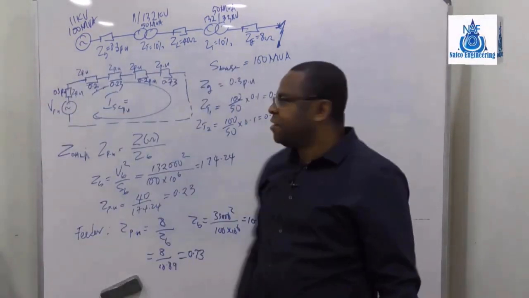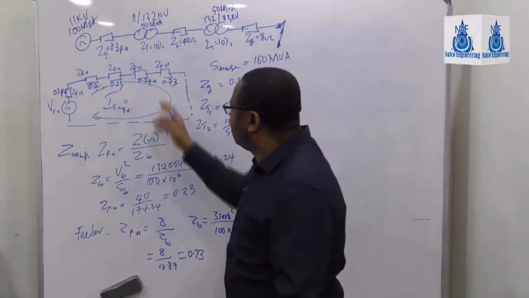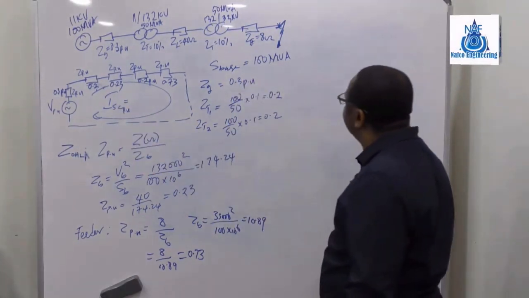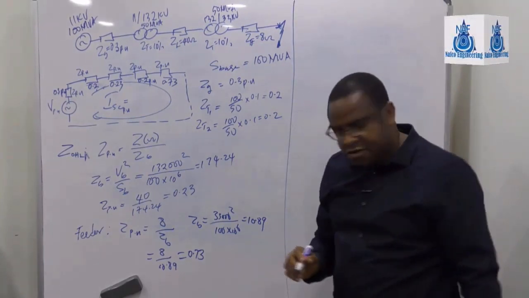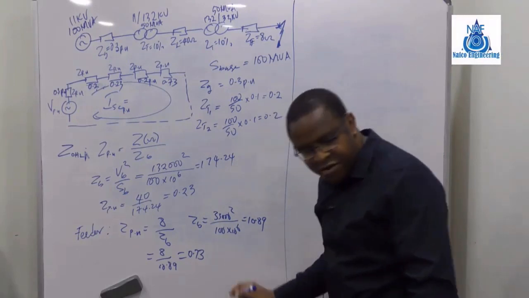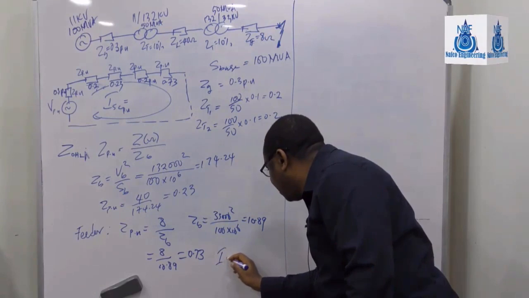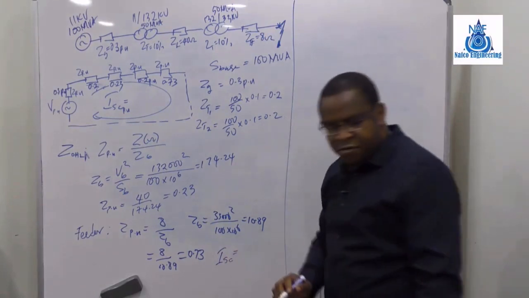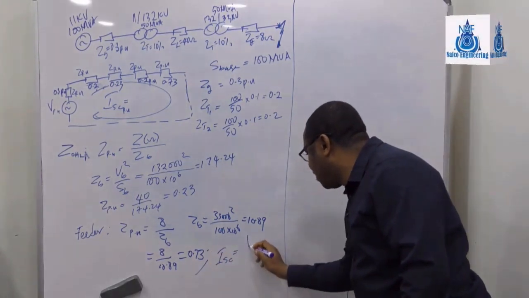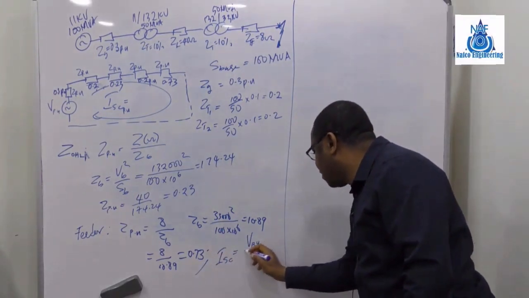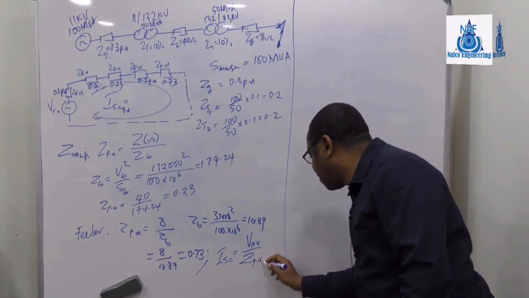Right? That's all. So with that, we can easily calculate I short circuit. Let me just do it here because I'm going to use it for something. So I short circuit will be equal to V in per unit over Z total in per unit.